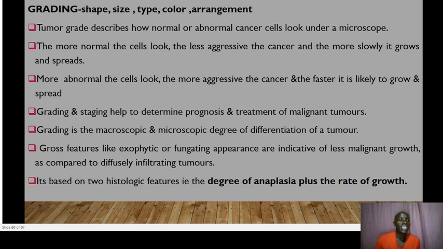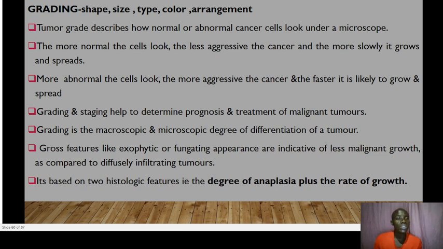Remember that in grading, it describes how normal or abnormal a cancer cell looks when you look at it under a microscope. Under a microscope, you are able to note the shape of the cells, the size of the cells, the type, the color, and the arrangement of these cells.